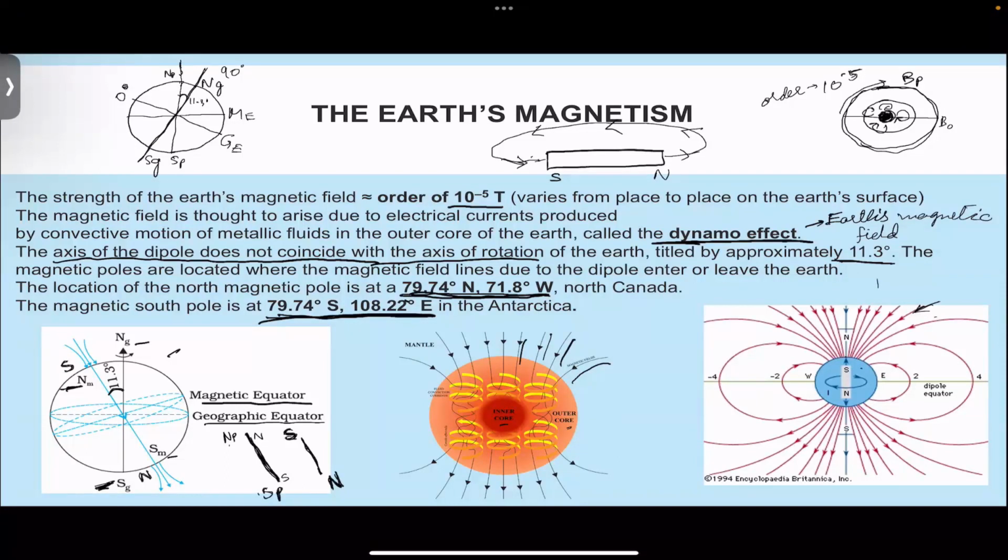So the south of the Earth's magnetic field is the north magnetic pole, and the north of the Earth's magnetic field is the south magnetic pole. This is something that we have to remember.